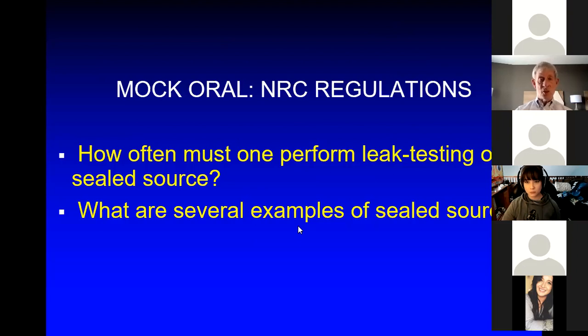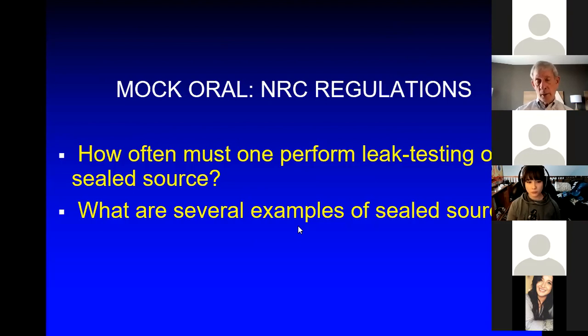And in fact, if any sealed source is ever leaking, the appropriate action is to take it and return it to the manufacturer, because if it's leaking once, it's leaking forever. You have to return it. Now, here's your exam question. How often must you perform leak testing on sealed sources?